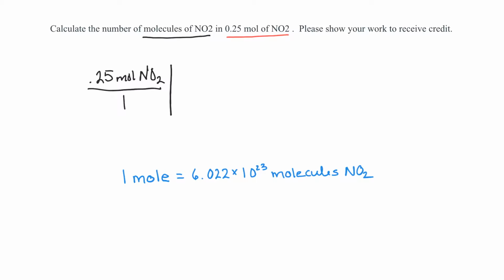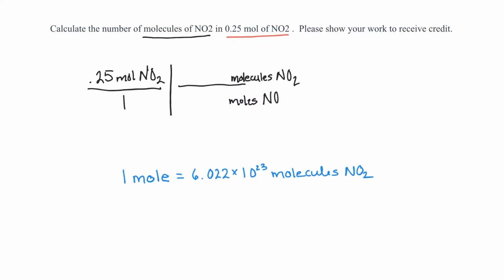And so, since we are converting moles of NO2 to molecules of NO2, we know that we need to put molecules of NO2 in the numerator, right? And we're going to put moles down here.